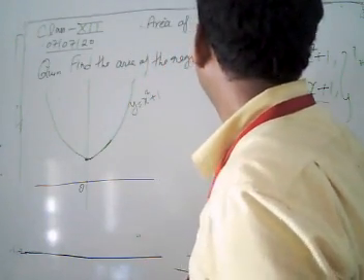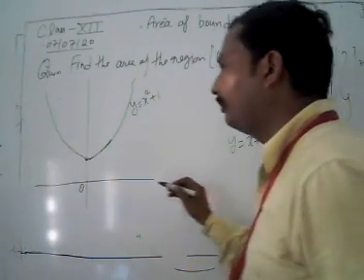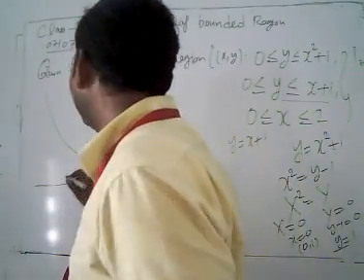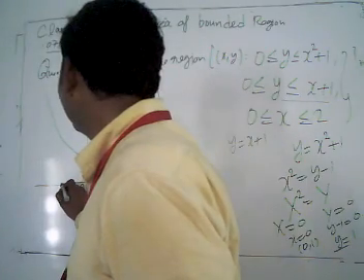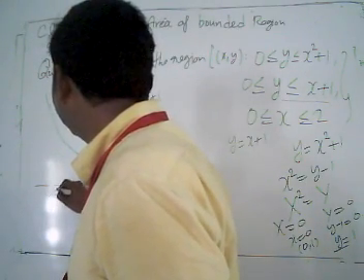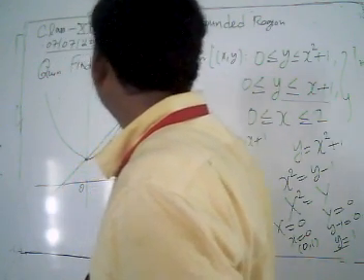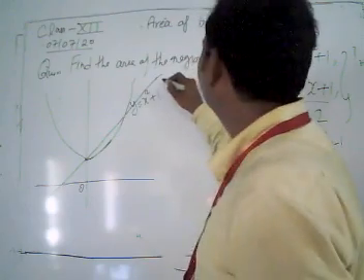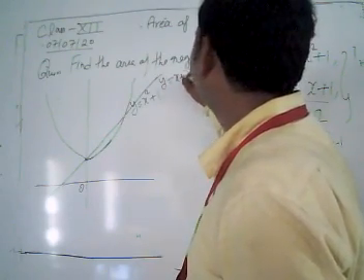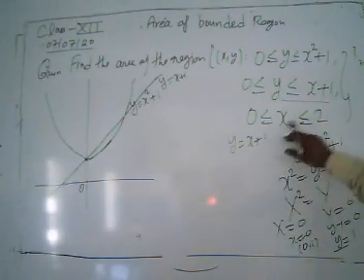When y is 0, then x is minus 1, so we mark minus 1 here. Then our line is drawn. This is our line, y equals x plus 1. Now we need the ordinate x equals 2.